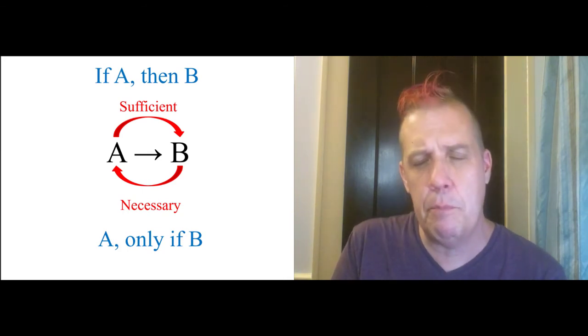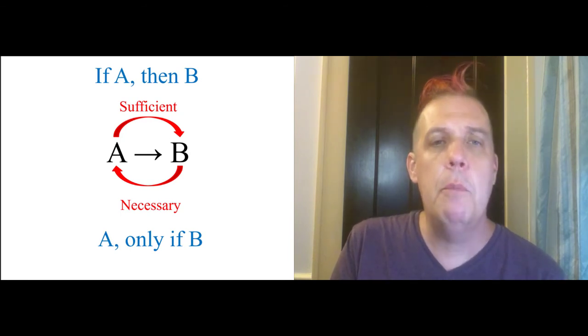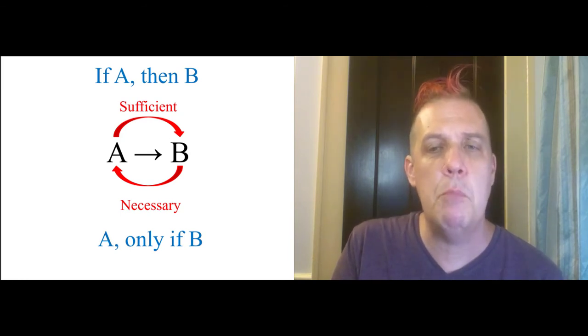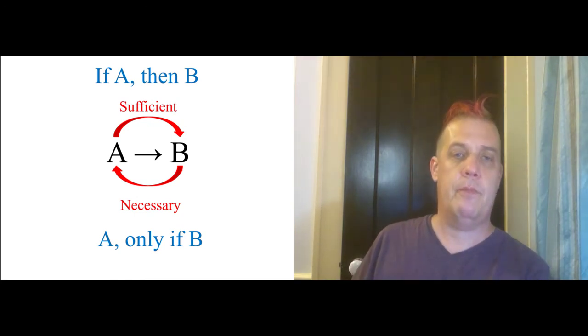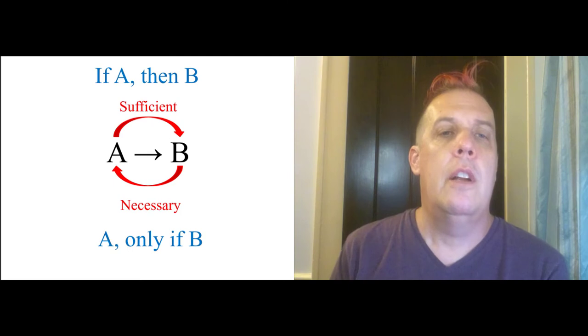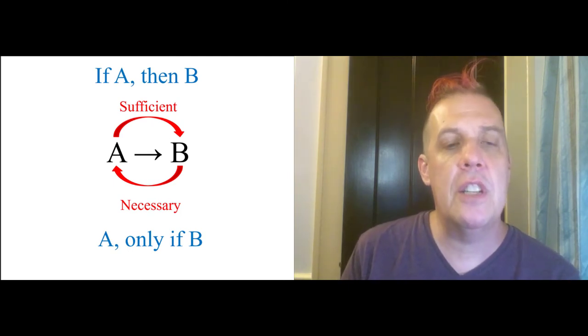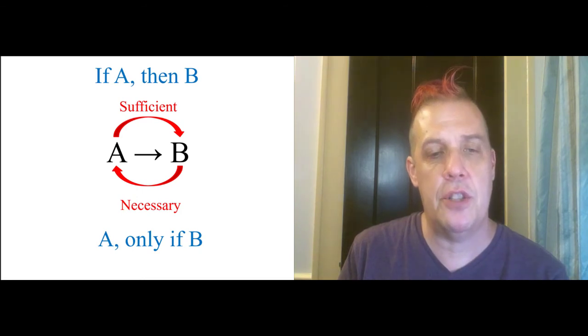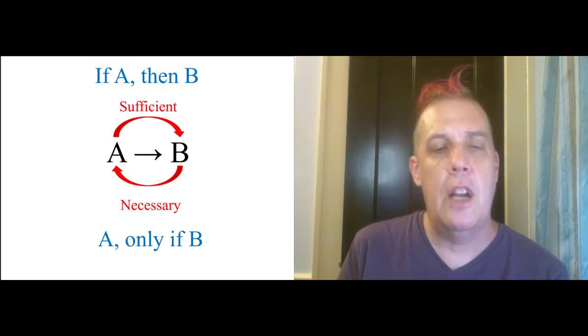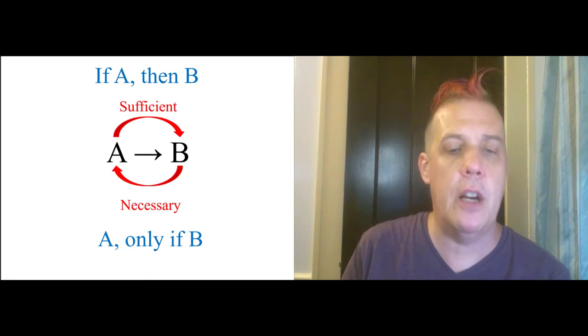Or having $1.25 is necessary, but it's not sufficient because the vending machine must be in working order. So there's some other condition. So if A, then B is a sufficient condition. A only if B is a necessary condition. You put the two together in if and only if, and you have the double-headed arrow.